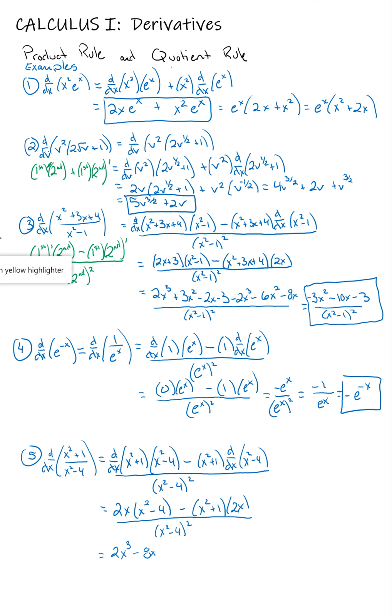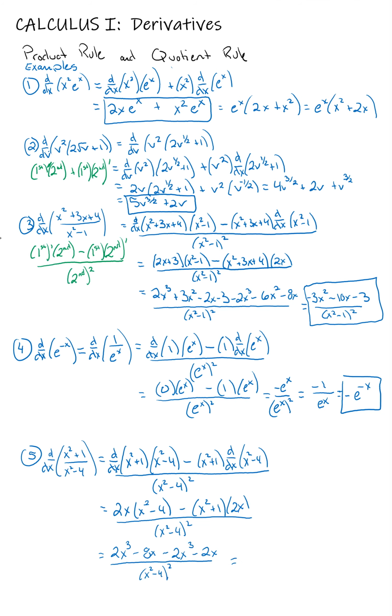In the second one, I'm going to distribute the 2x along with that negative. I can distribute both of those. So that gives us negative 2x cubed minus 2x. And then the denominator is still x squared minus 4 quantity squared.